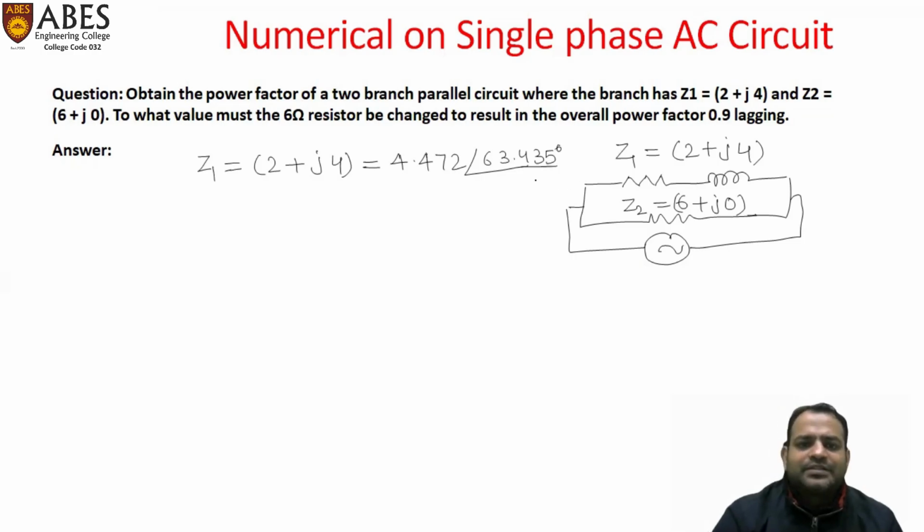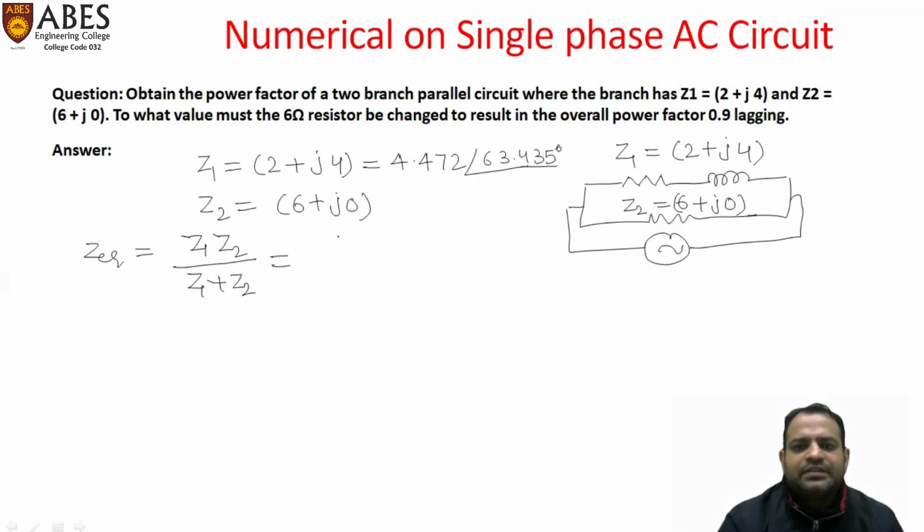of these two branches. So we have Z1, 2 plus j4 and Z2, 6 plus j0. So what is the Z equivalent? If two Zs are connected in parallel, we have the formula Z1 Z2 upon Z1 plus Z2.